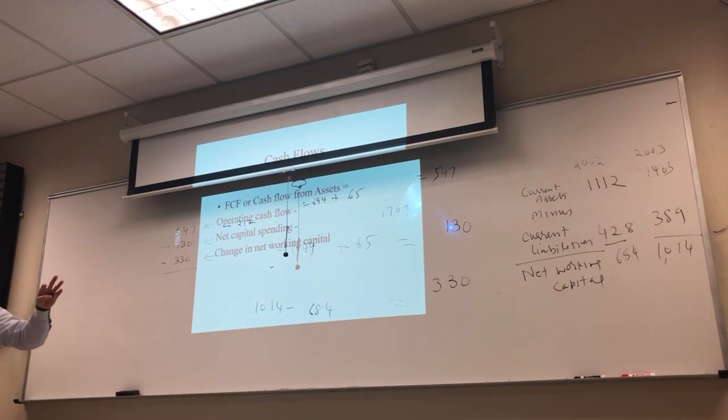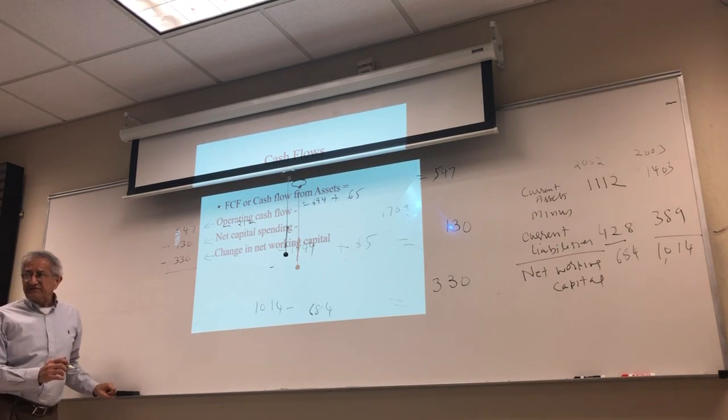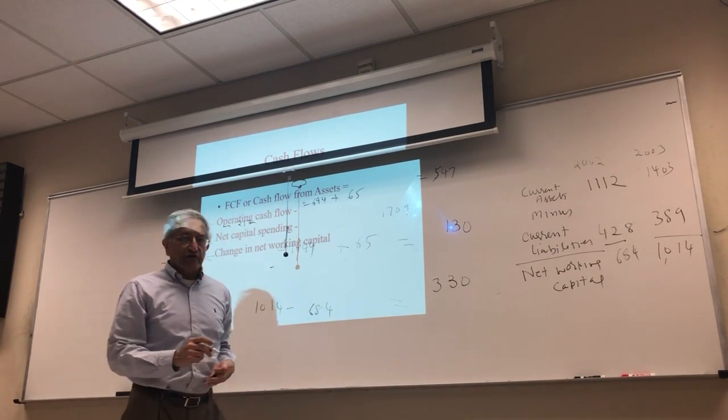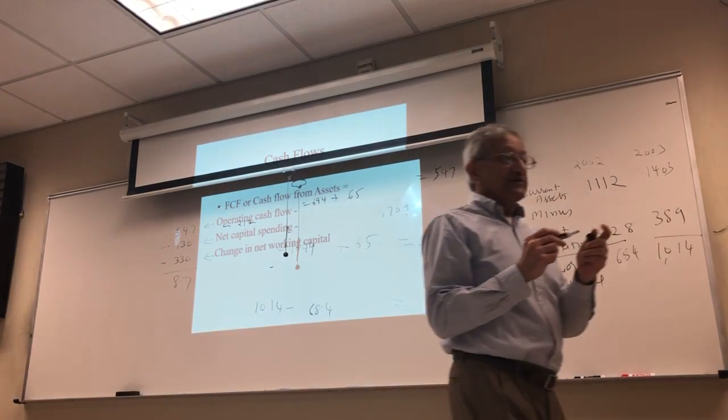Free means our firm has taken care of all investment needs, everyone has been paid. This is something which is available for distribution to our lenders and our owners, shareholders. And this is how much? 87, is it? Yes, 87. So this is free cash flow or cash flow from assets of $87.